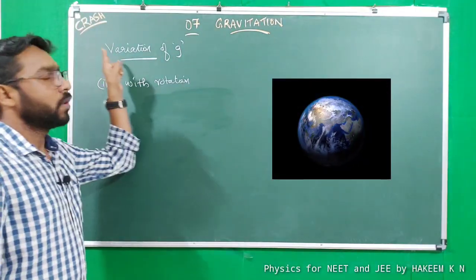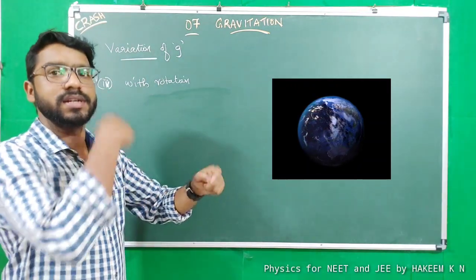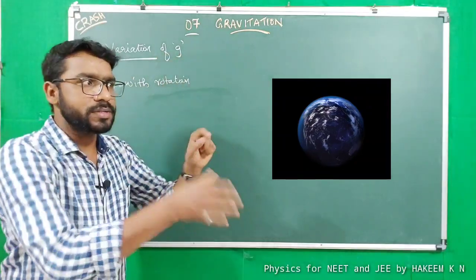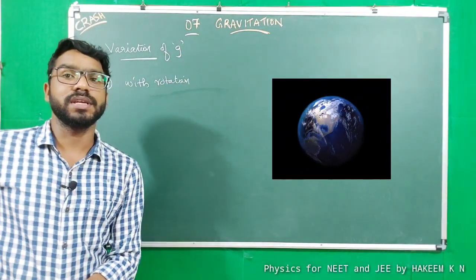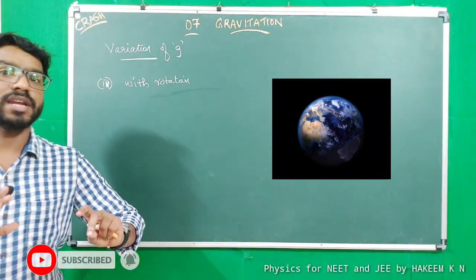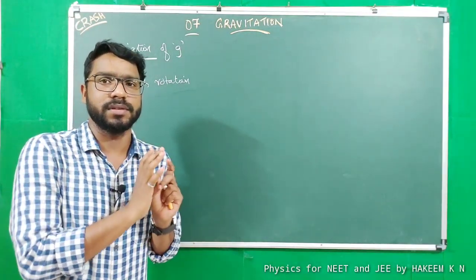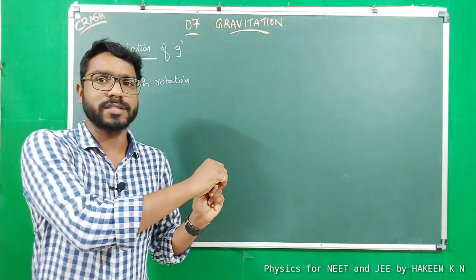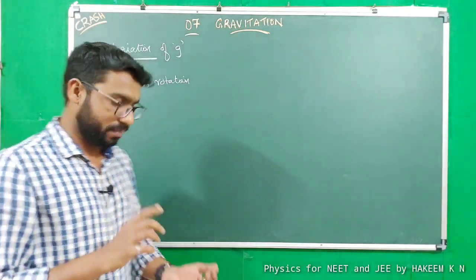Next, variation of g with rotation of earth. As earth rotates, particles on the surface get weight mg inwards towards the center of earth, and a centrifugal force away from the center of earth. So body experiences two types of forces at the same time.